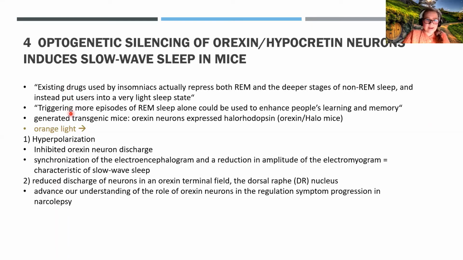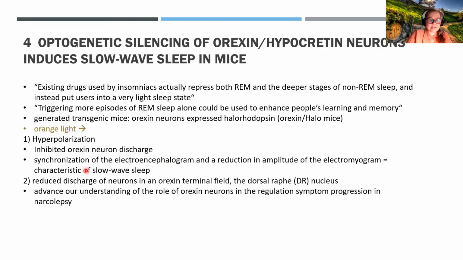And then researchers generated transgenic mice where orexin neurons were made to express halorhodopsin, and orange light was shone on those neurons, and the neurons hyperpolarize, and orexin neurons could not discharge action potentials, and this led to the synchronization of the electroencephalogram and the reduction in amplitude of the electromyogram.